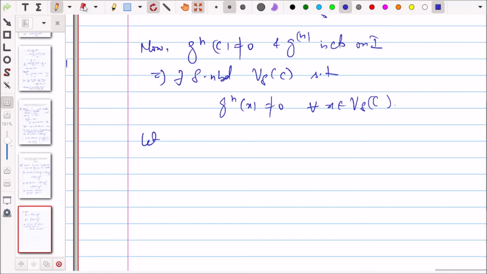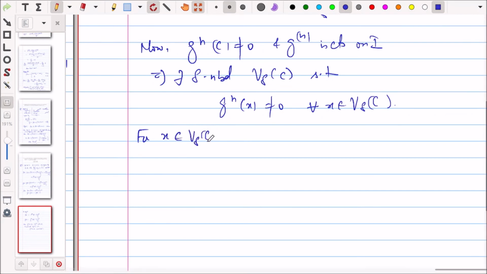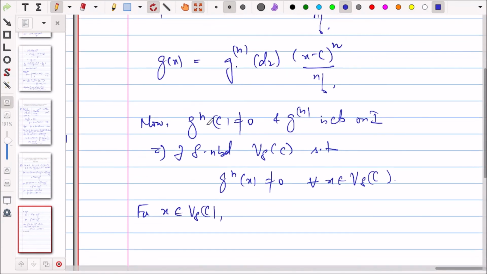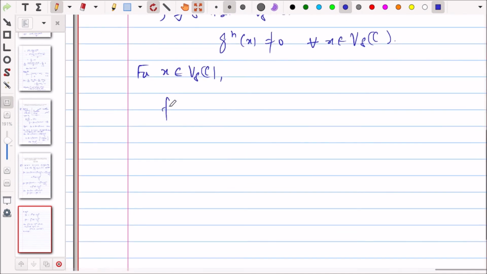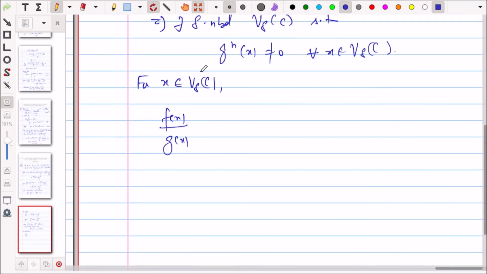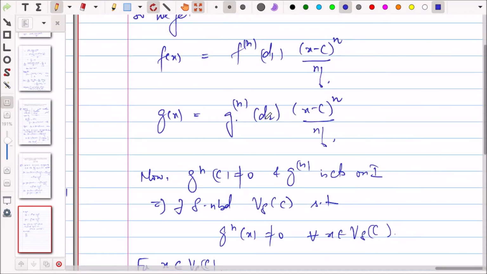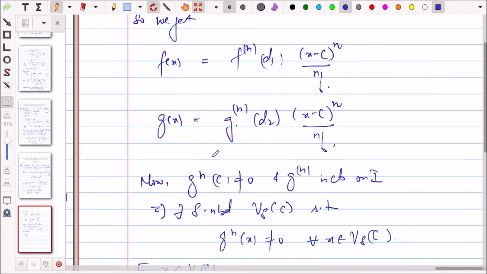So for x belonging to V delta of c, we take f(x) by g(x), because if x belongs to V delta of c, then d2 will also belong to V delta of c, because d2 lies between c and x. So then we can divide, because now we are ensured that this is not equal to 0.